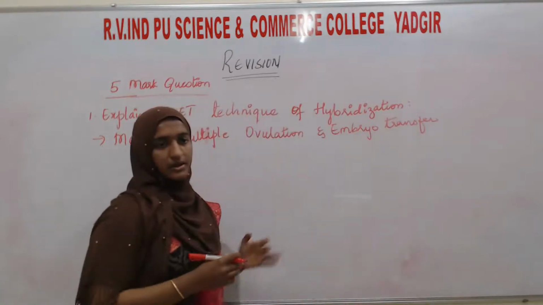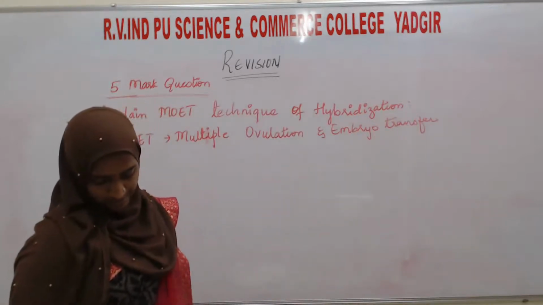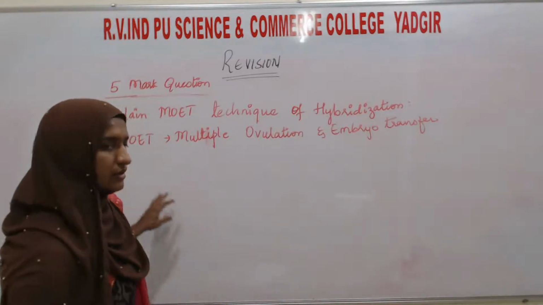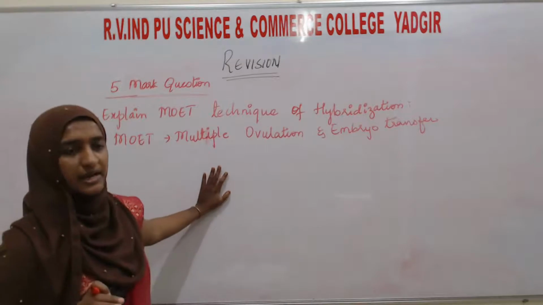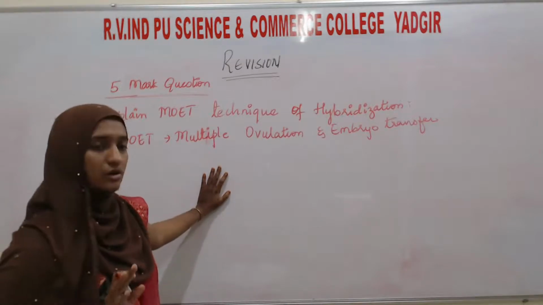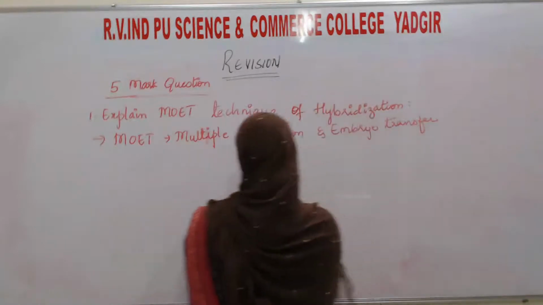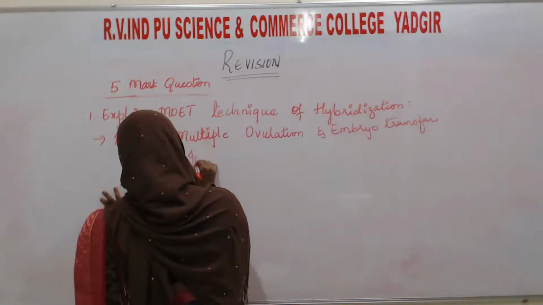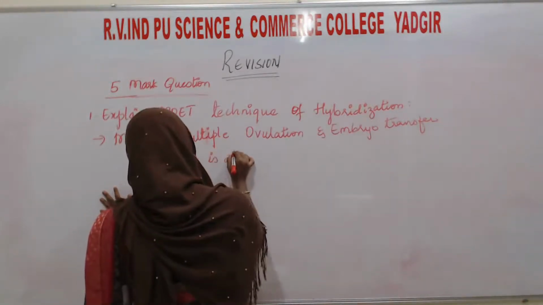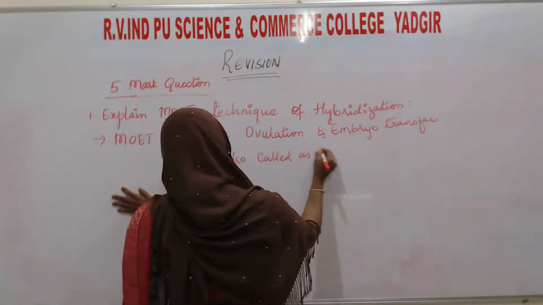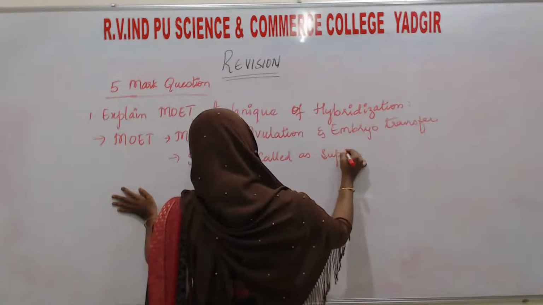Okay, this is the expansion of MOET. This is also called superovulation. If you want, you can write it, no need, but I will mention it here: it is also called superovulation.